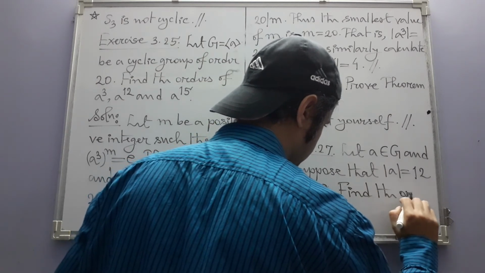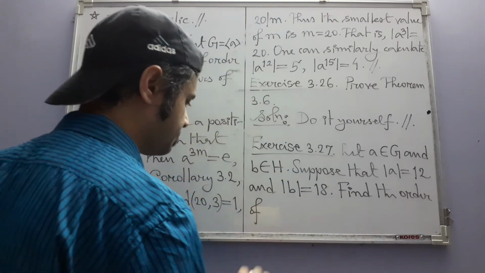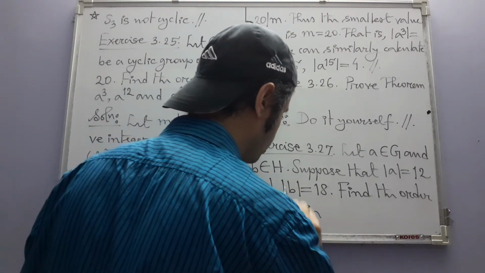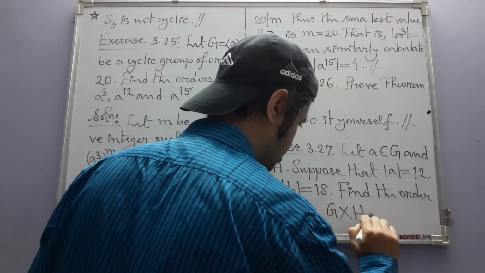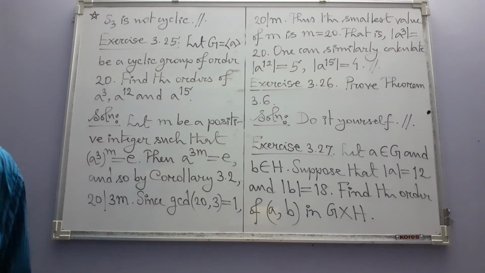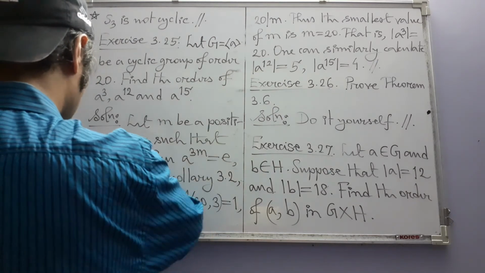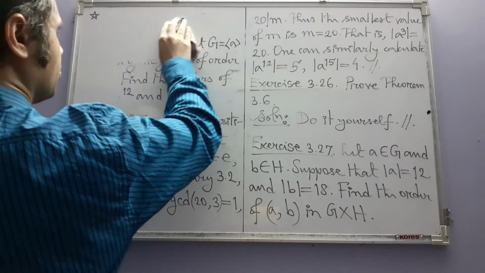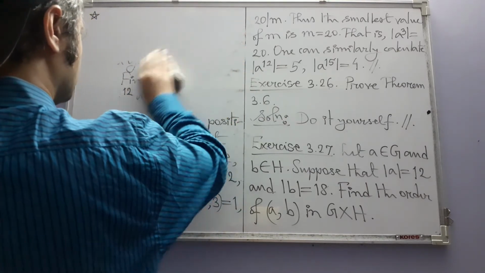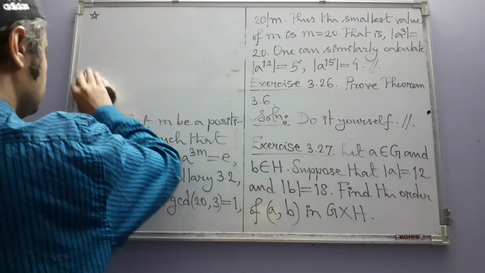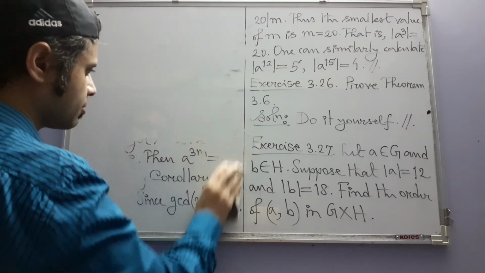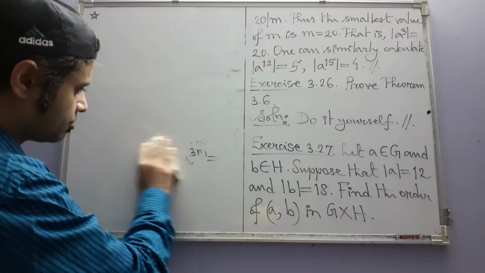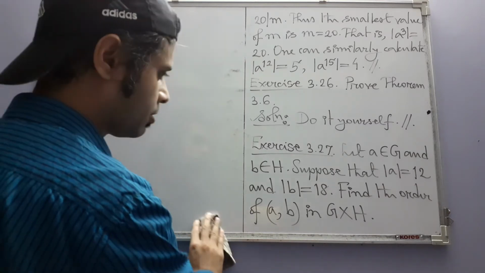Find the order of the ordered pair A comma B in this product group G Cartesian product H. Whenever we are asked to find the order of an element in a group, if you don't know anything in the beginning, you always have to go to the equation in the definition of the order of an element.